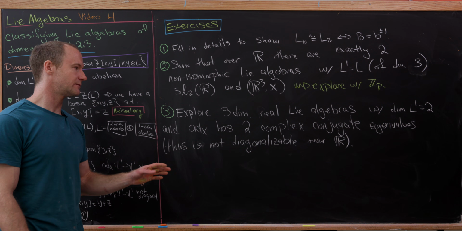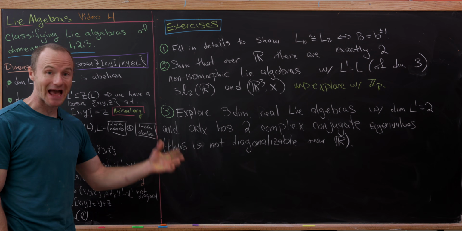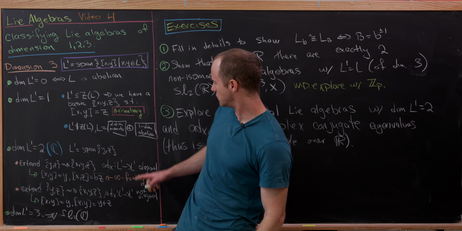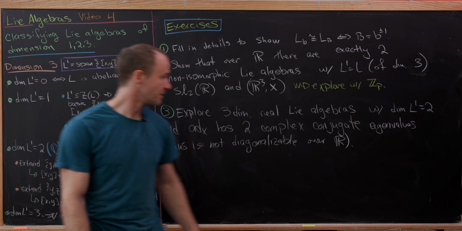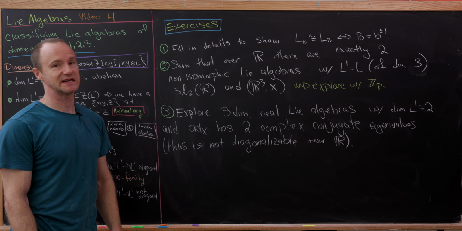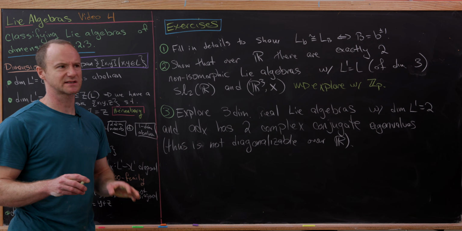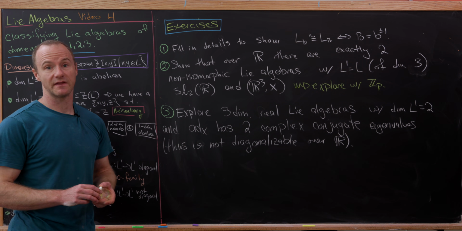So if there are 2 complex conjugate eigenvalues, then it's diagonalizable over the complex numbers, leading to this case right here, but it's not diagonalizable over the real numbers. So you've got to look at it using slightly different techniques, and that's a good place to stop.